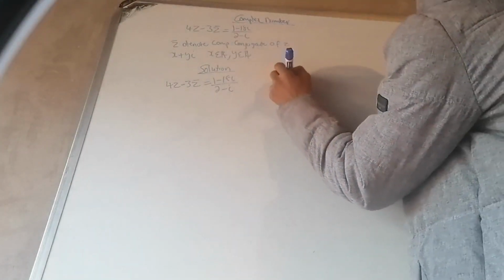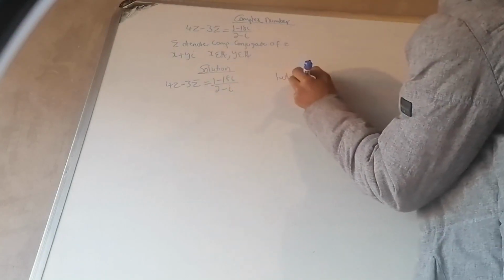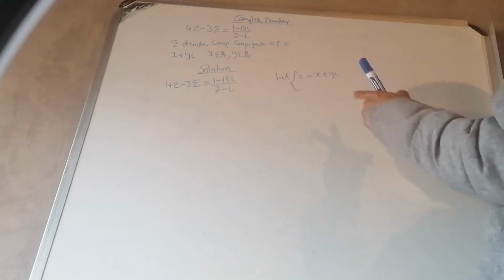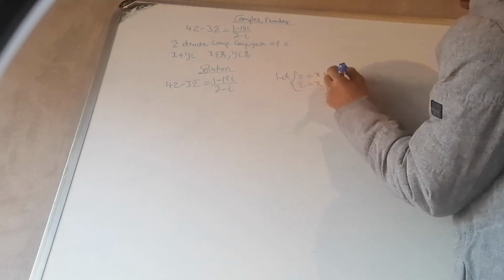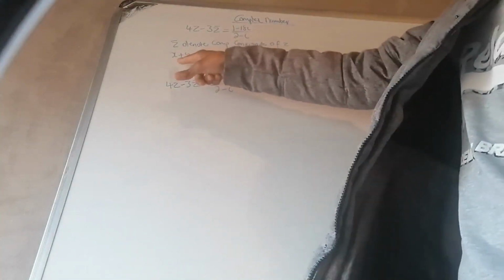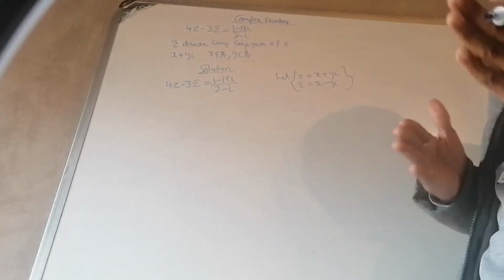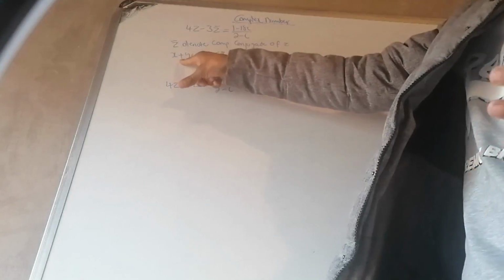So I can say, let z be equal to x plus yi, so that the complex conjugate of z, which is z bar, is x minus yi. Why? They want the answer in the form x plus yi, and both x and y should be real numbers.